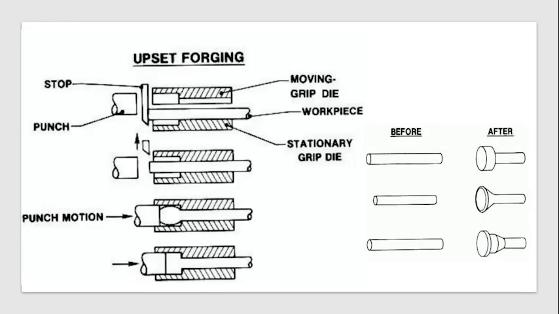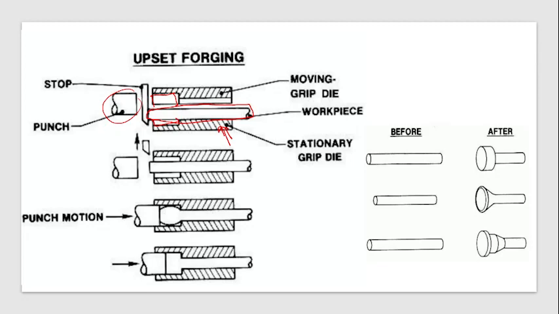Then how do we do that? This is the diagram. This is your workpiece. This is your fixed die, the stationary die, and this is your moving die, and this is the cavity impression that you made on your die. This is your punch, by which you will push it.